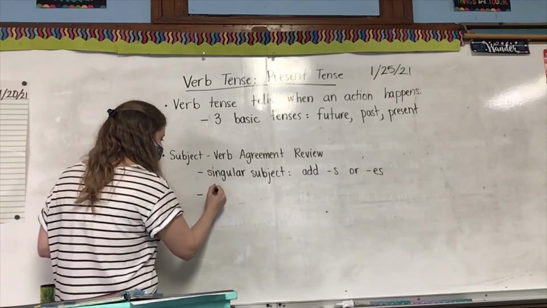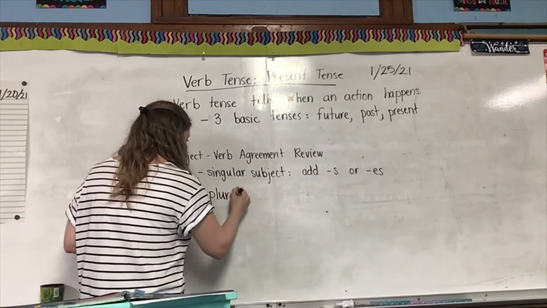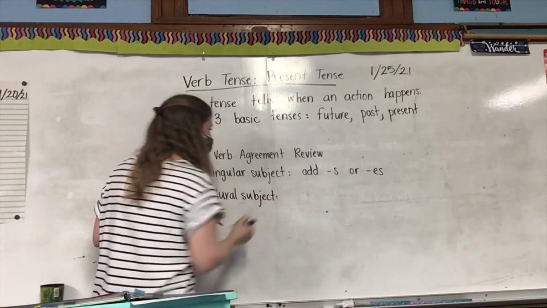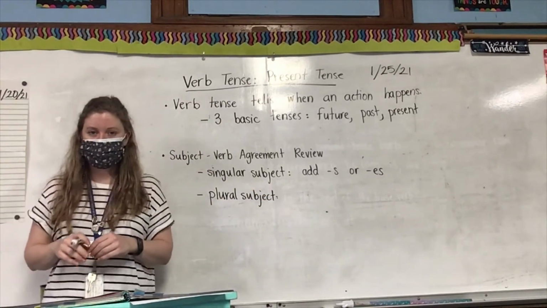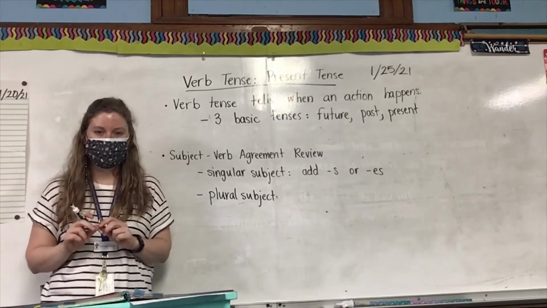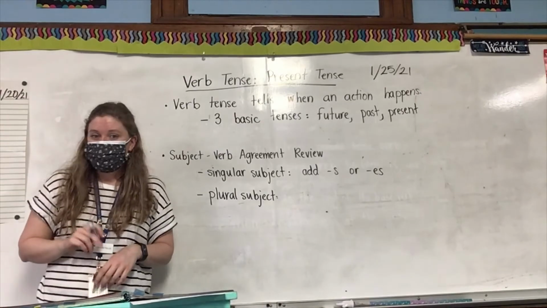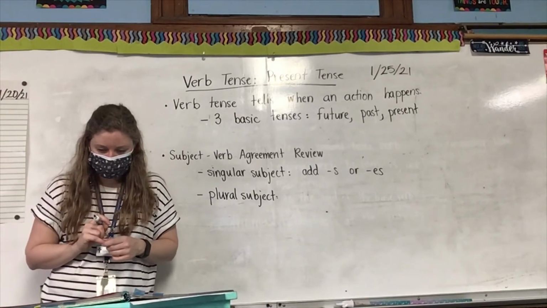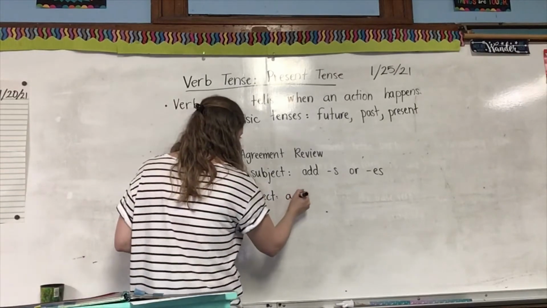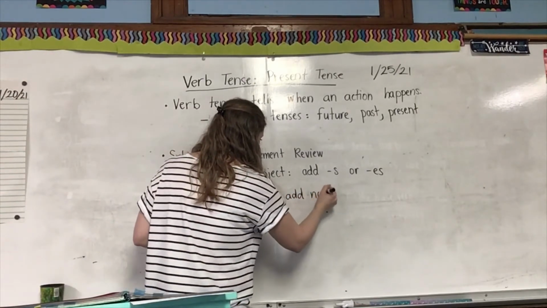Okay, what about a plural subject? What do we do to the verb if the subject is plural and we're not doing the is reading or something like that? Smith. We don't add S. So add nothing.